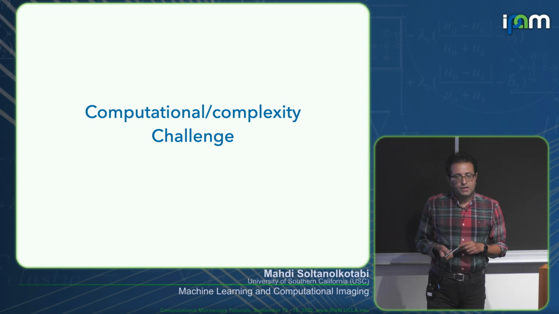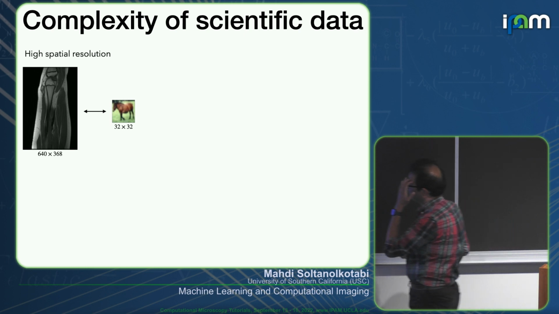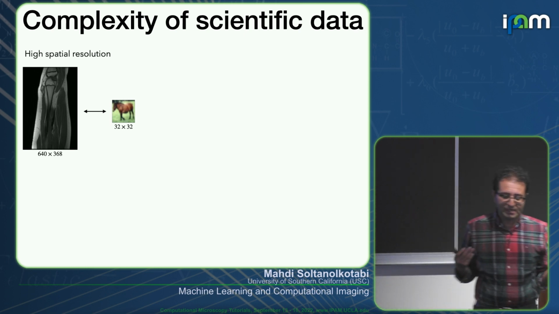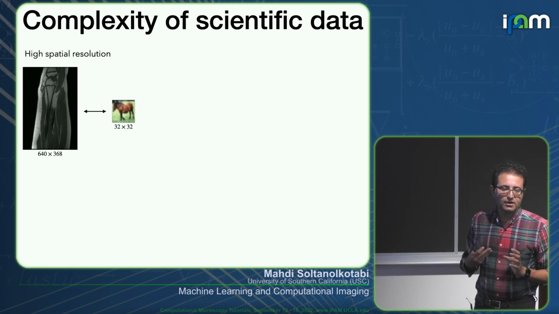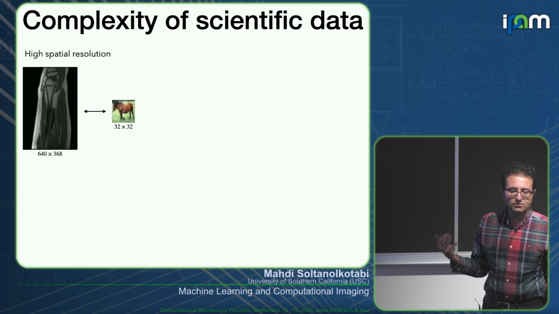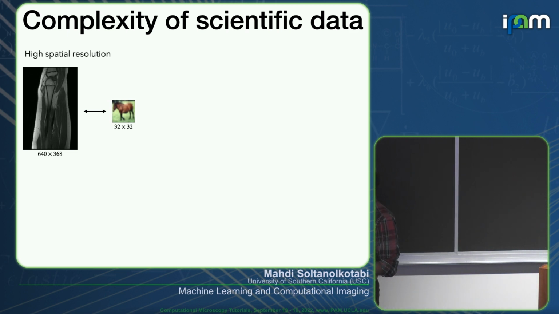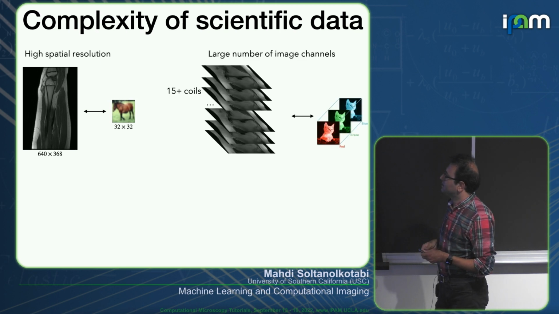Of course, there is also a computational complexity challenge that I think is much richer in scientific data. One issue is that typically the images you see on the internet are much lower resolution. In scientific applications, you actually care about much higher resolutions. I mean, this is just comparing typical data sets in something like ImageNet or CIFAR, I guess in this case, and the publicly available medical imaging, right?